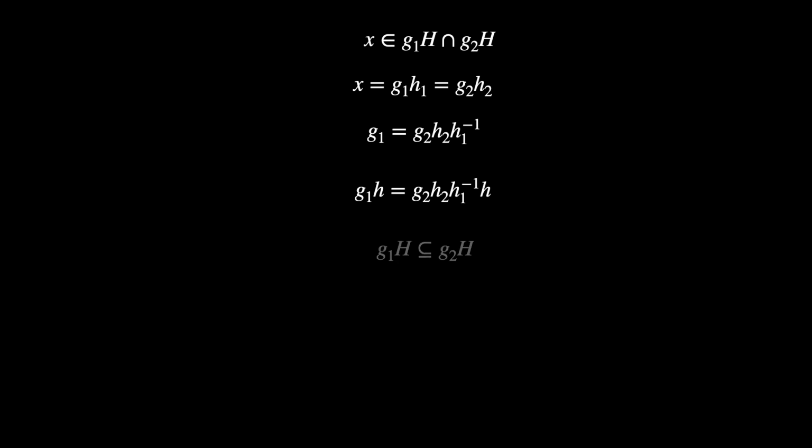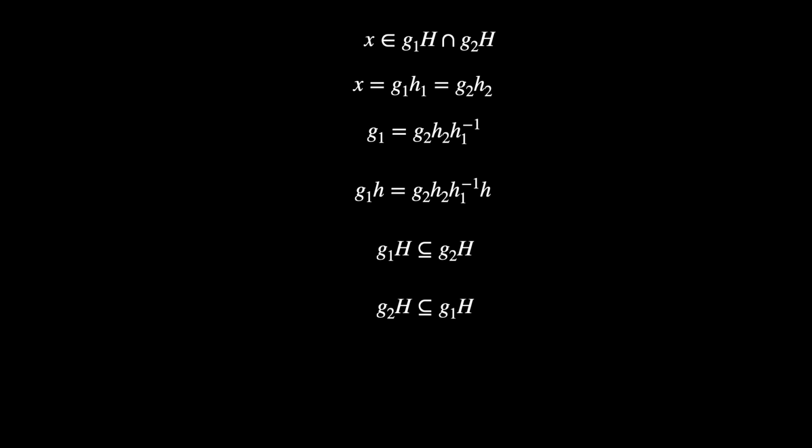And then we get G1H is a subset of G2H because H2, H1 inverse, and H are in fact elements of H, and they multiply to be an element of H. Using similar logic, but in reverse, we can also determine that G2H is a subset of G1H.